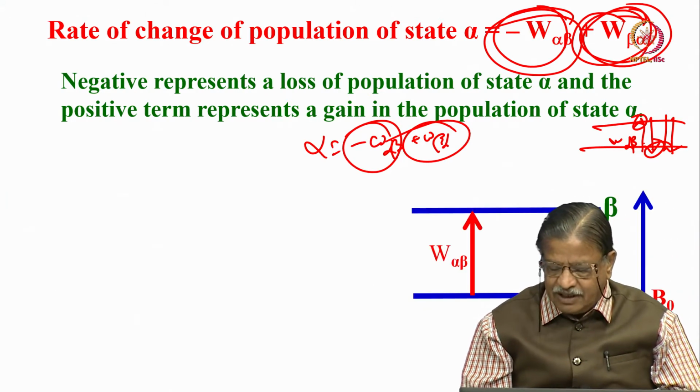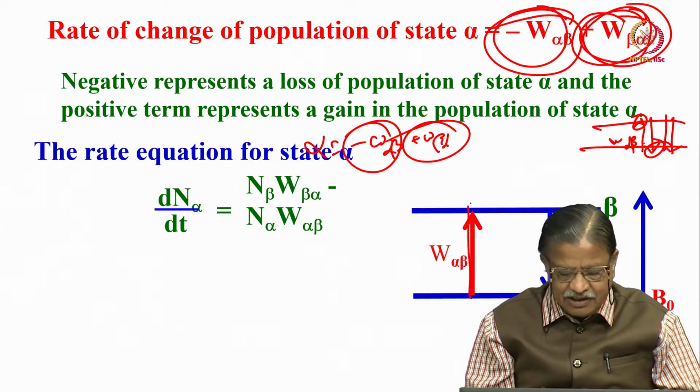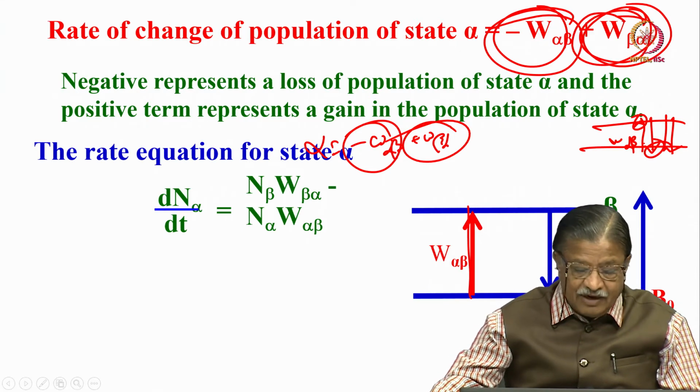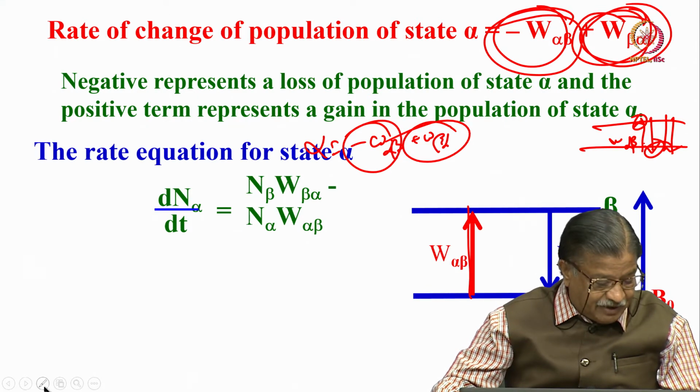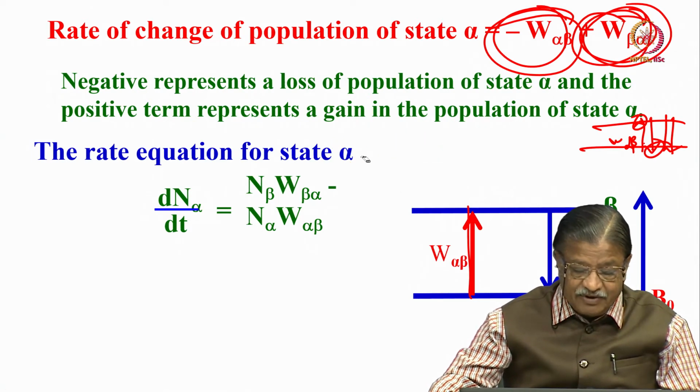Okay. And now consider a situation like this. Spins going from alpha to beta is W alpha beta, this is W beta alpha. Now from the rate equation, I can find out the rate of change of this population. This is a simple differential equation. I can do that.